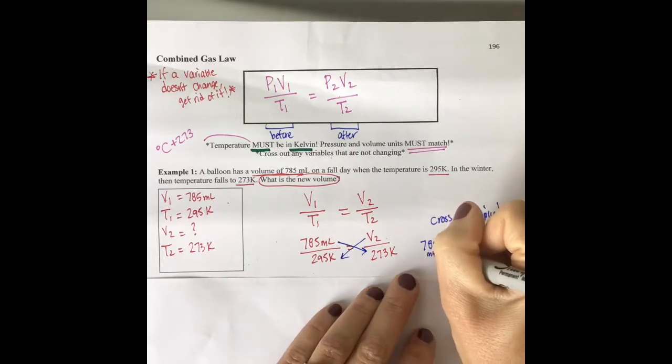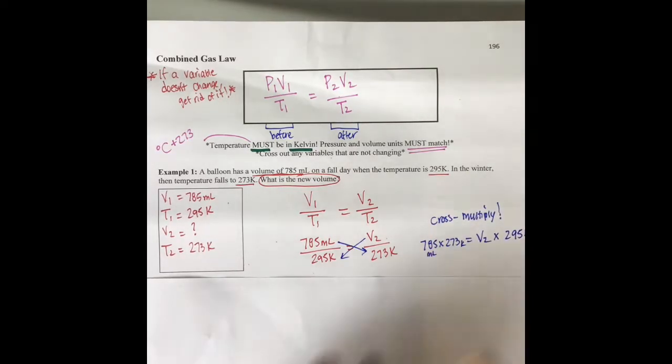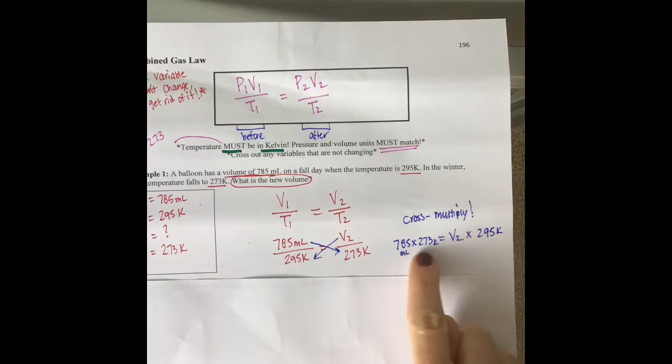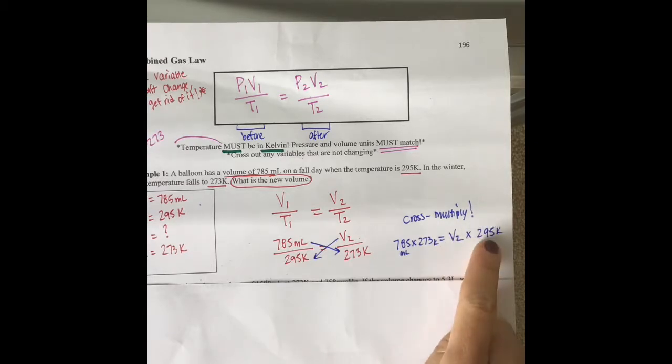I guess I didn't do a very good job of keeping units on this. Sorry about that. All right, so now we need to get V2 by itself. And I think this looks more like a problem that you guys know how to solve. If I want V2 by myself, I need to divide by 295.